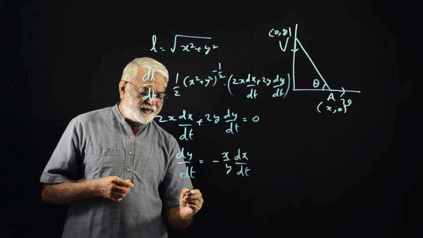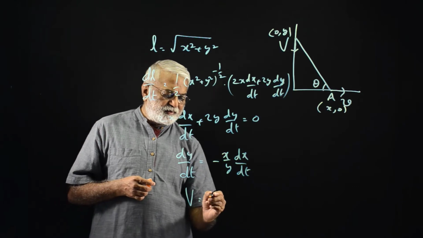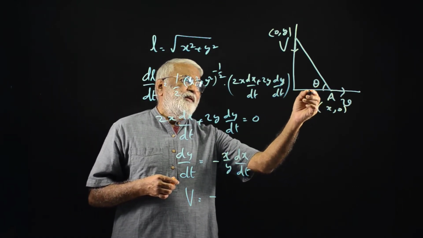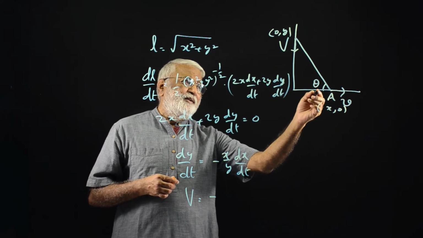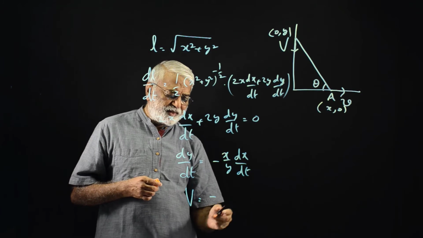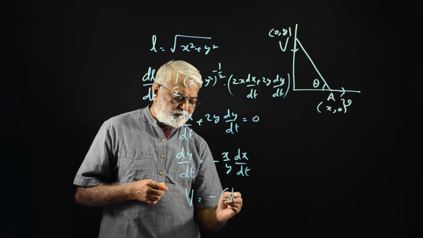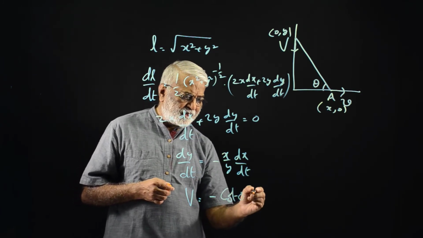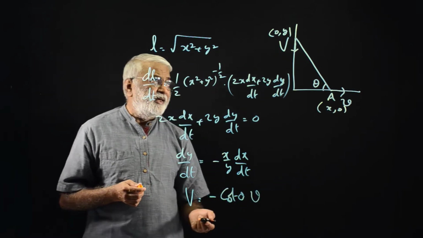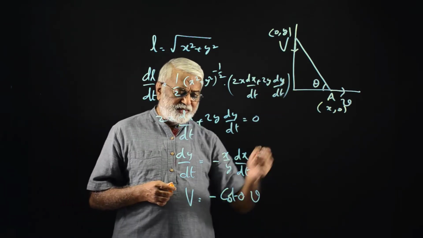So this is capital V, minus x by y times small v. Now that would be cot theta, right? Cot theta would be x by y. So this is cot theta, and this is small v. The minus sign is to indicate that y is decreasing as x increases.